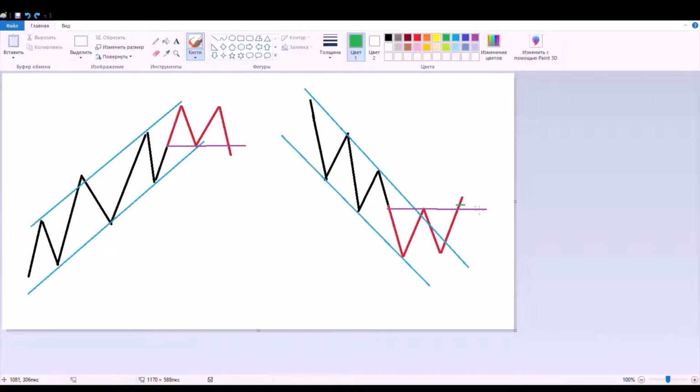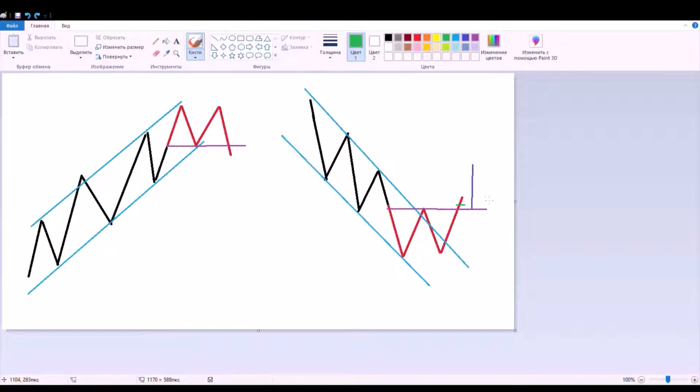We have the break of the neckline, you have to measure the height of the double bottom, you take the height, you apply it above the neckline, and of course you take your profit somewhere here. It can be 70%, 90%, 100%, whatever is best in your case, but this is how we trade it.